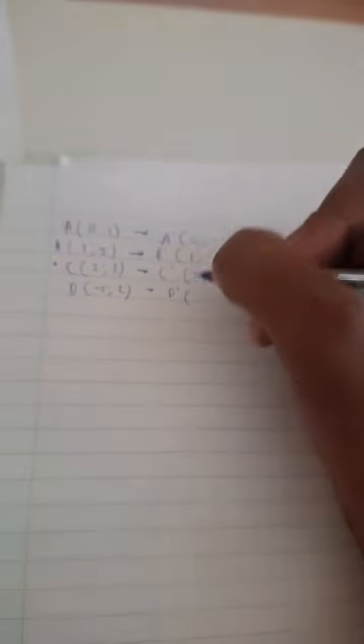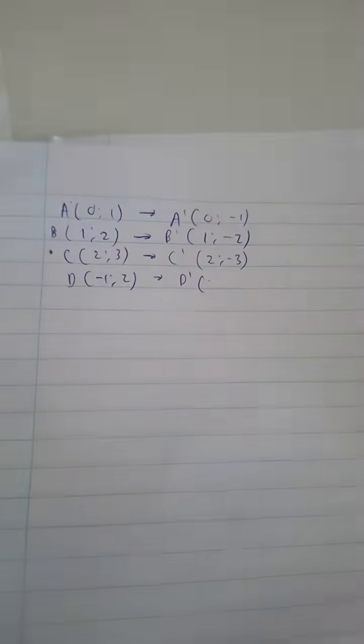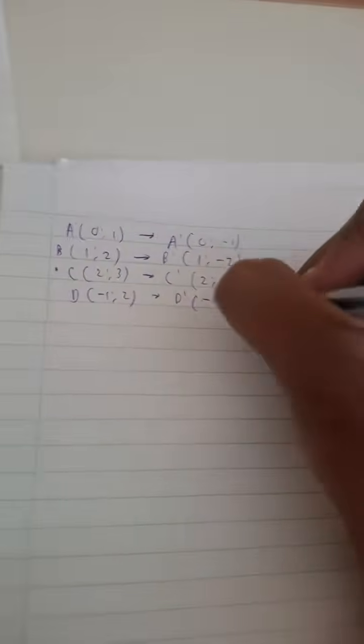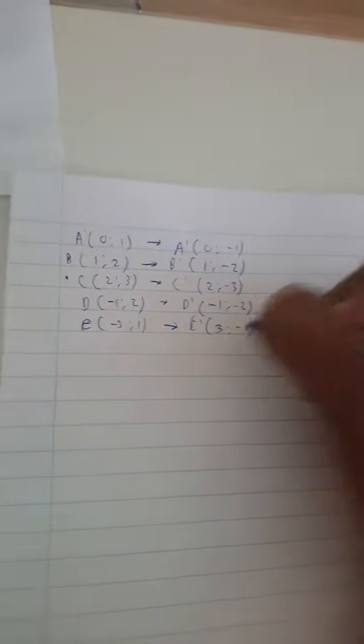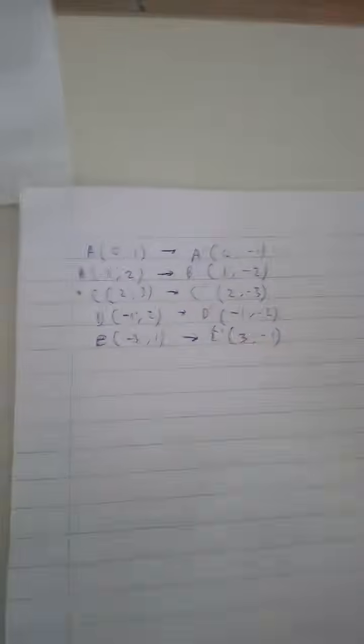The image of D reflected along the x-axis. Thank you, Alika. Negative 1 and negative 2. E, negative 3 and 1. The image, 3 and negative 1.